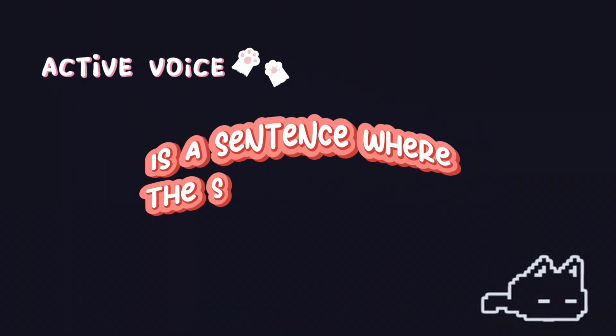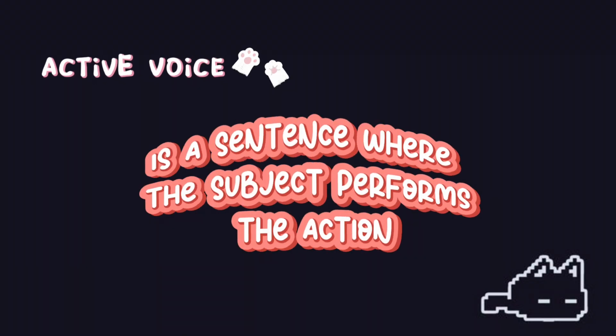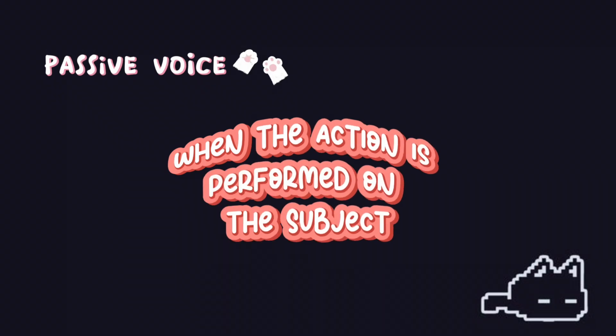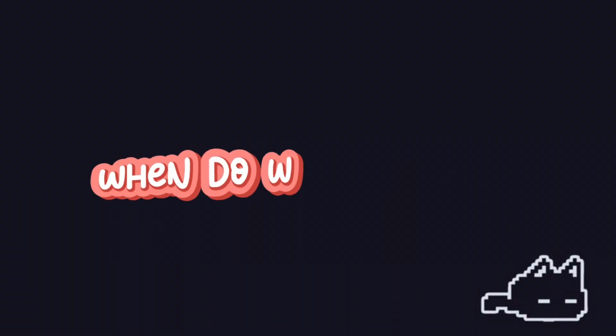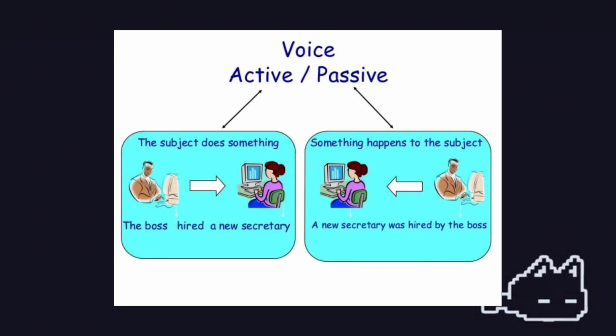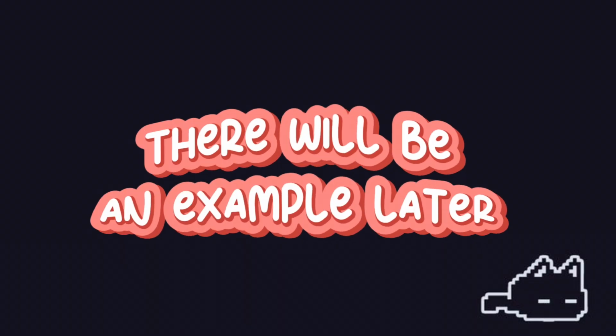Active voice is a sentence where the subject performs the action, while passive voice is when the action is performed on the subject. These voices are often used in tenses. When do we use them? We use active voice when we want to focus on the doer of the action, and we use passive voice when we want to focus on the object or result of the action, not the doer. Don't worry, I'll give an example for each tense later so it's not confusing.